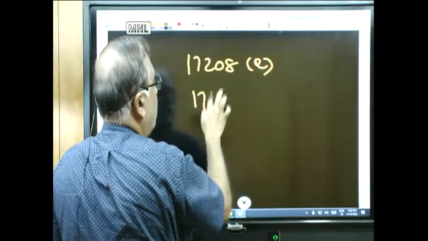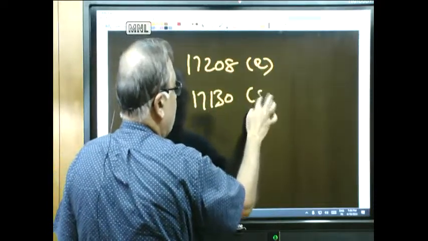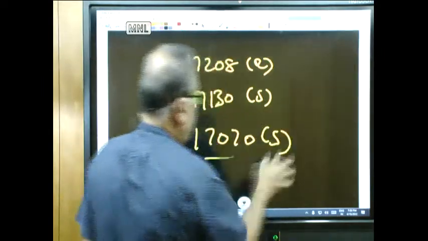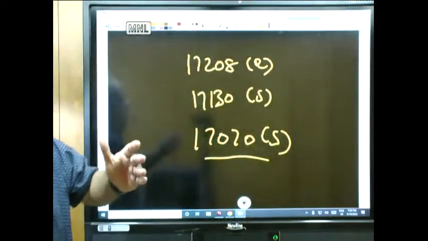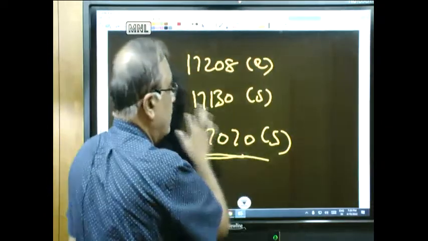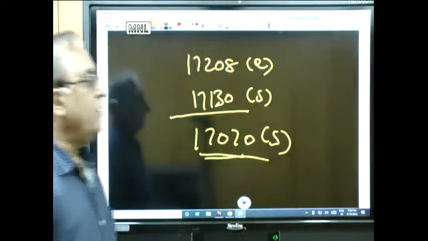Then 17,130 initially was a support. Then 17,070. So this was support, right? So these were areas which are within today's trading range. So it went up to 17,070, crossed to 17,130.